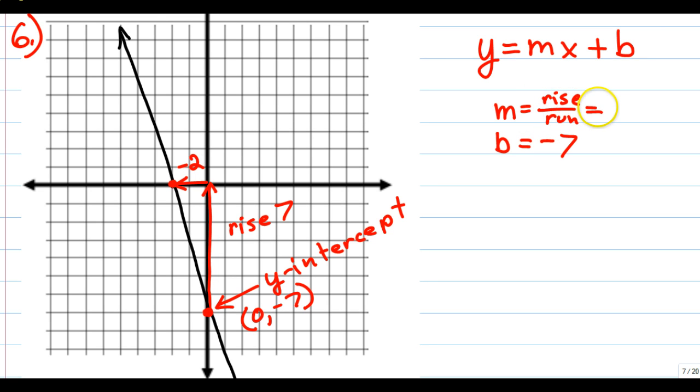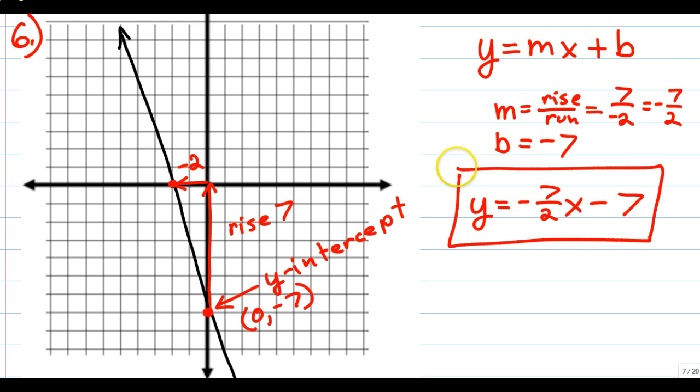I find that m is equal to 7 over -2, or simply -7 over 2. So now I can plug these back into my slope-intercept form. So I have y equals -7 over 2 x minus 7. And there is my equation.